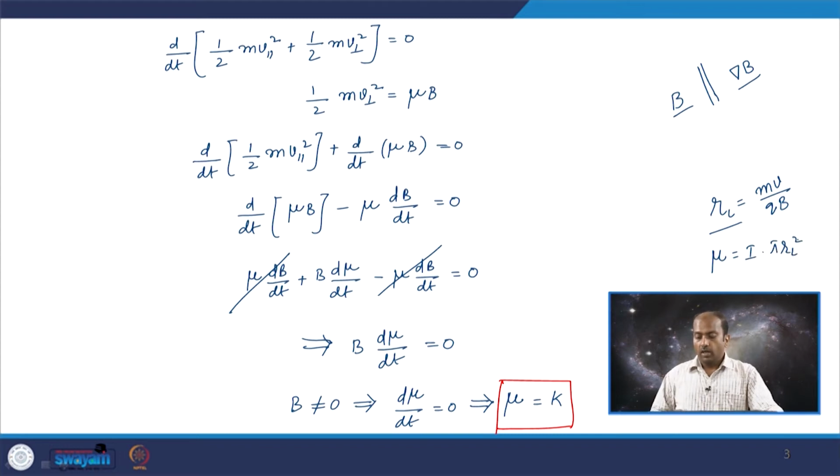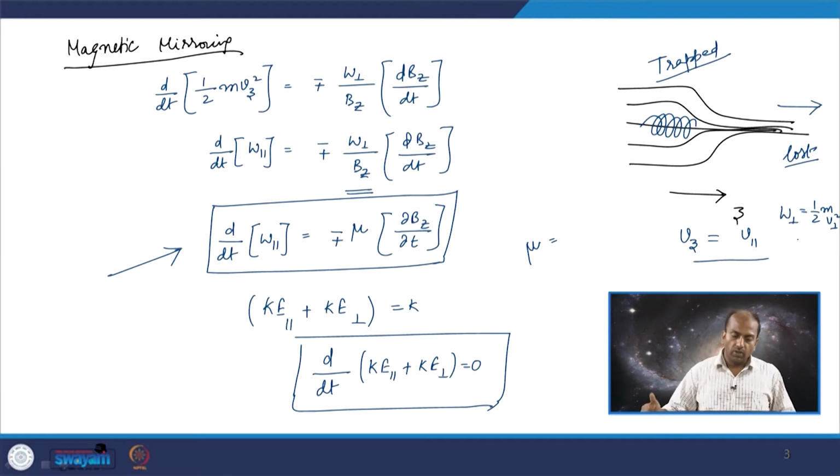So, if RL is the gyration radius, the area that it sweeps over one orbit will differ when the magnetic field changes, by changing the radius of gyration, right. For the present case, we have been able to realize that if you take a certain type of field, the parallel component of the velocity is changing as the magnetic field is changing.